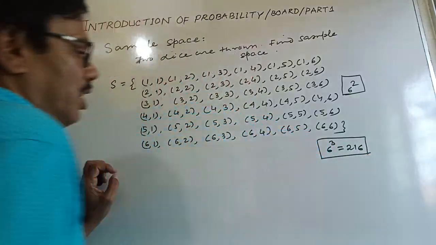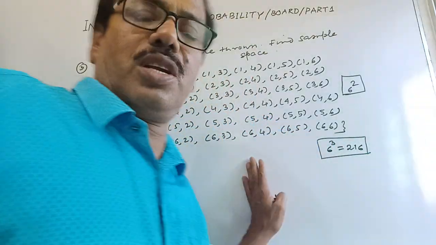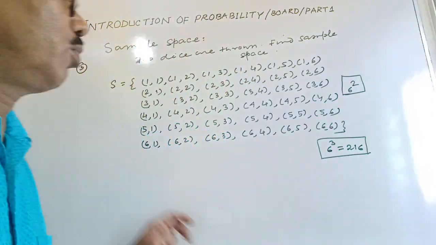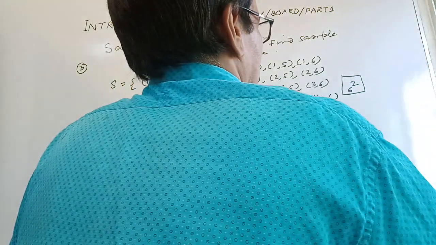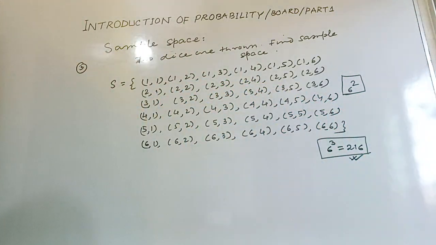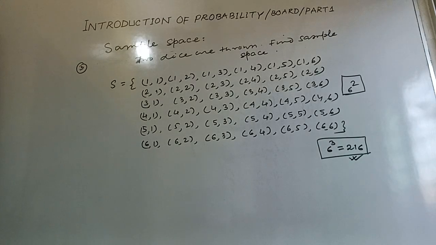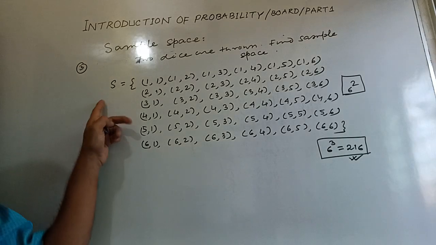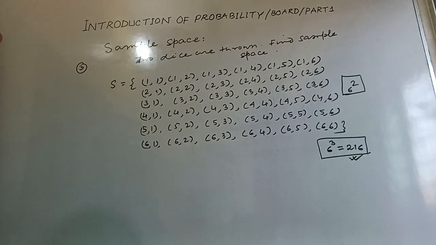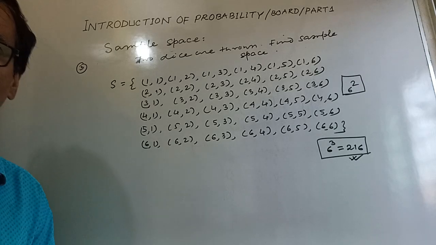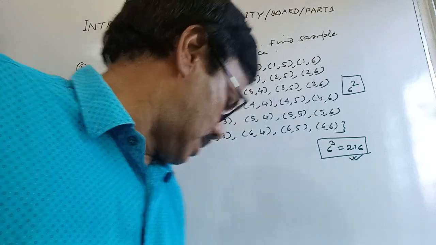So it is not easy to write; we only remember what the sample points are. So two dice are thrown, find the sample space. So this one is the sample space.